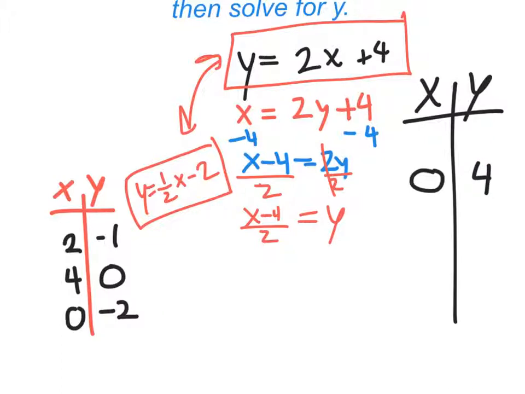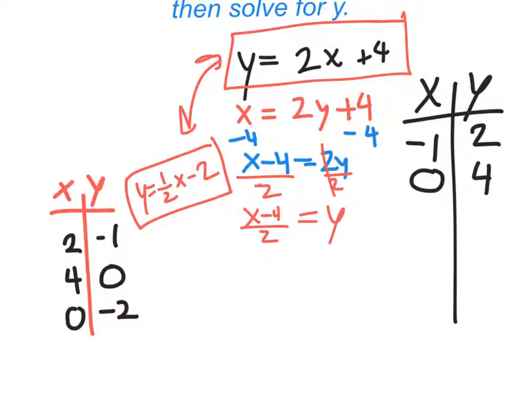So what do you think is going to happen if I plug in, let's say, a -1? 2 times -1 is -2, and -2 plus 4 is +2. And if you look over here, plugging in a +2, you got out a -1. Over here, plugging in a -1, I got out a +2.